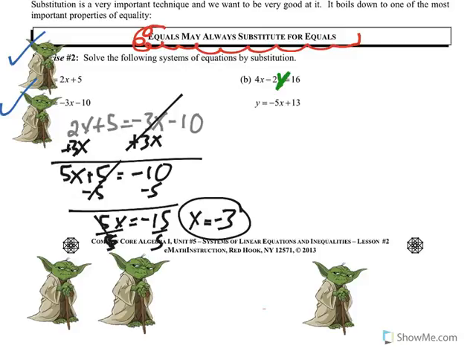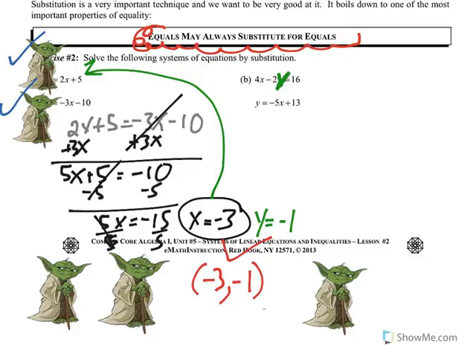I would ask you to not stop there. Instead, go back and use one of these two equations to figure out what y equals. I'll tell you that y, or Yoda in this case, y would equal, let's see, 11? Is that right? No. y would equal negative 1. And altogether, my final answer, I'd write it as a coordinate point, negative 3, negative 1.